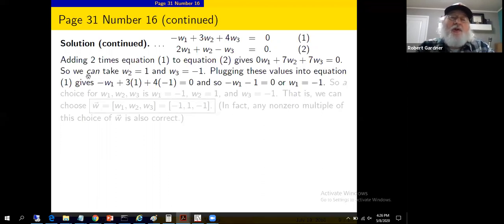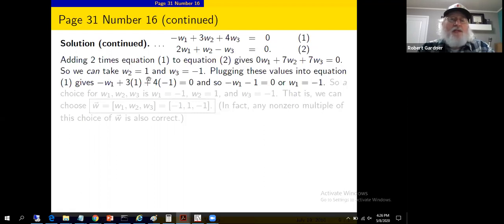We could take, say, w2 equals 1 and w3 equals negative 1. If you take w2 equals 1 and w3 equals negative 1, yeah, that's going to give you 0. So that one's satisfied.